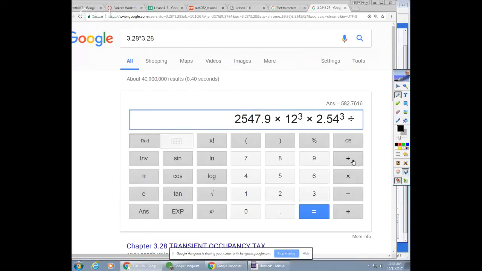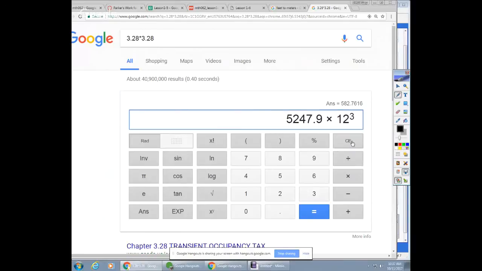Divided by, what's the last one, 100 cubed? Oh, I got those digits backwards, and I can't edit it. I got to start over. Darn. Okay, 5,247.9. I got it right this time? Yes. Okay. Times 12 raised to the 3rd.